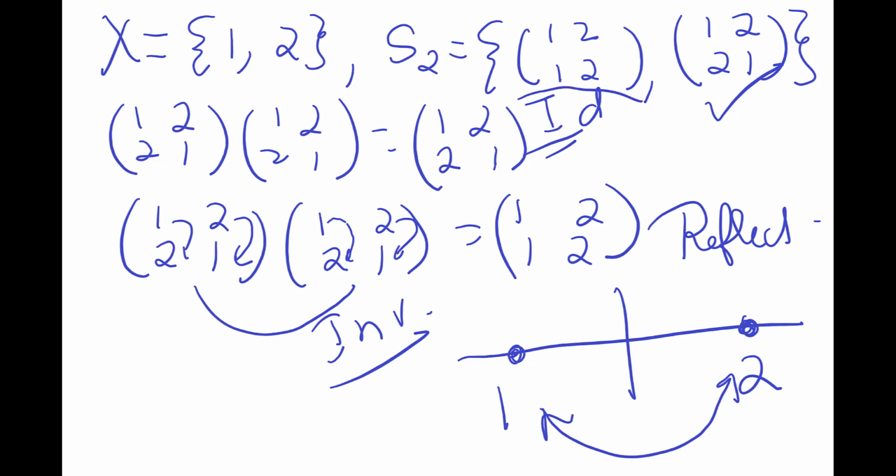So that's the reason you can see this is just a set of symmetries of something with only 2 points. Even if you flip it, it just remains intact. So that's symmetric with respect to the line in between.